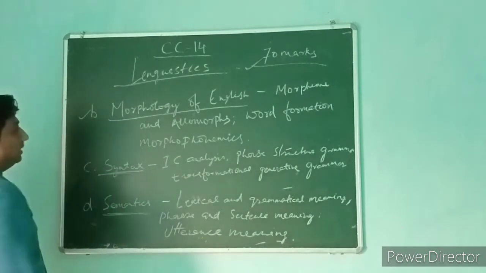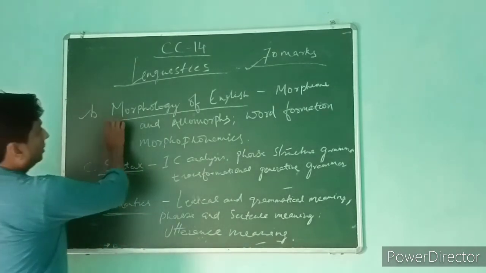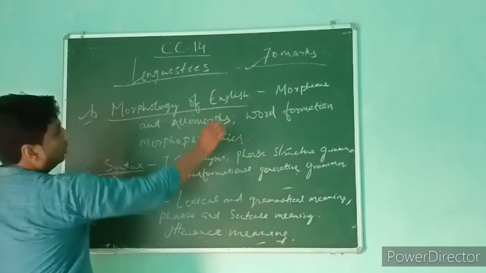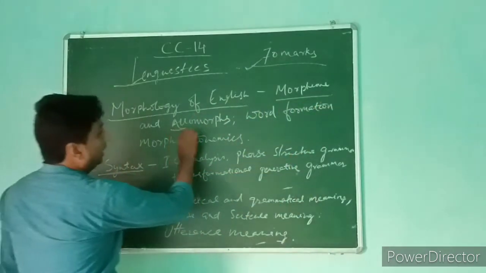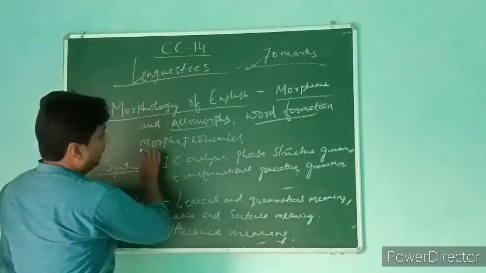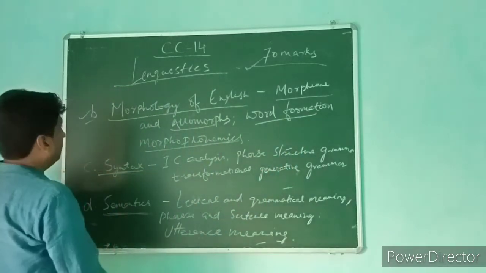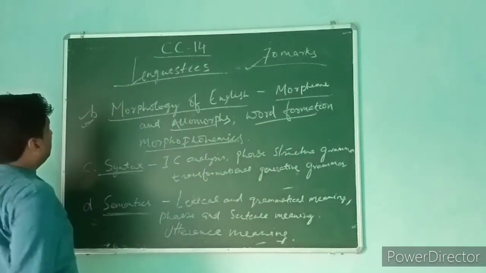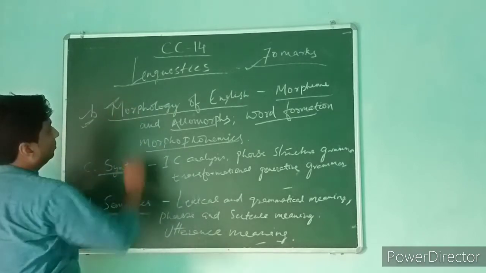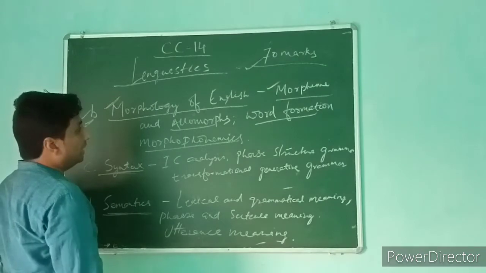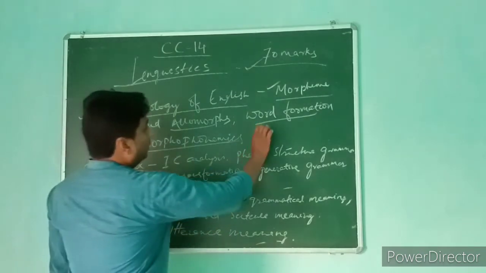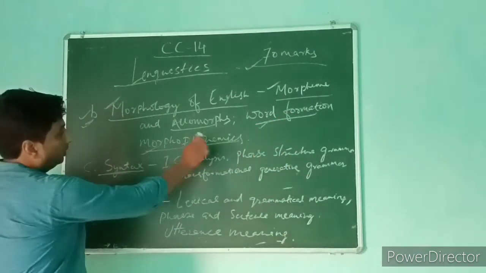Now the second subtopic is morphology of English, and this includes morpheme and allomorphs, word formation and morphophonemics, right? So within subtopic B, what we have to study? We have to study morphology of English, which includes key concepts like morpheme and allomorphs, word formation, morphophonemics, and so on.